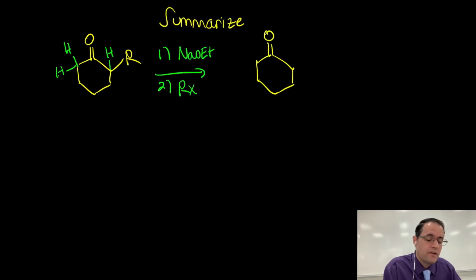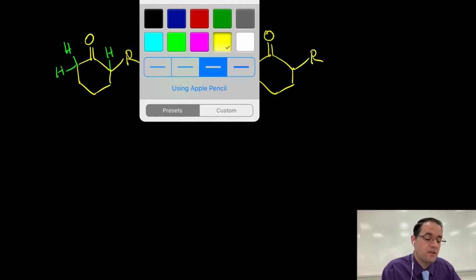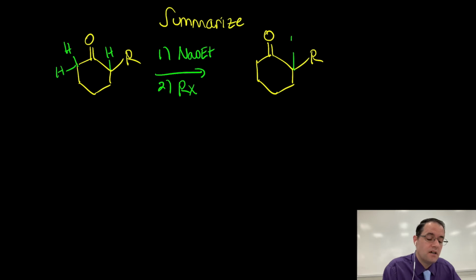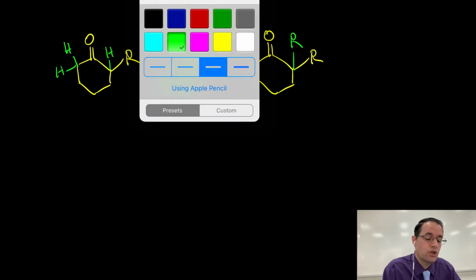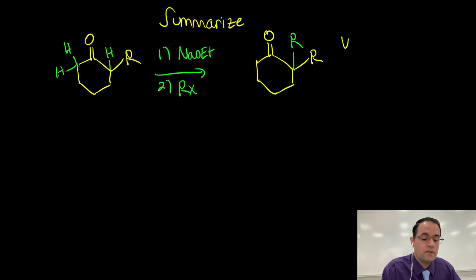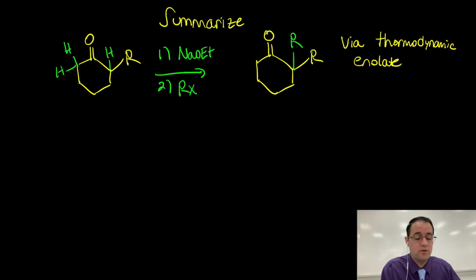So what we're going to do is install our green R group, the new alkyl group, onto the more substituted carbon. So this is going by the thermodynamic enolate. That's just something you need to memorize if you want to learn why and how. Those are the couple slides, but this is the summary here.